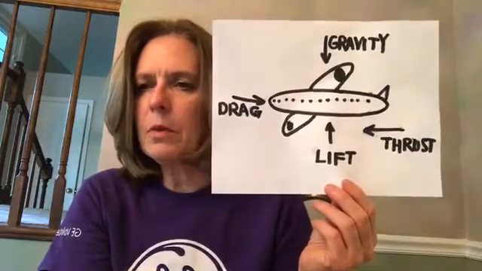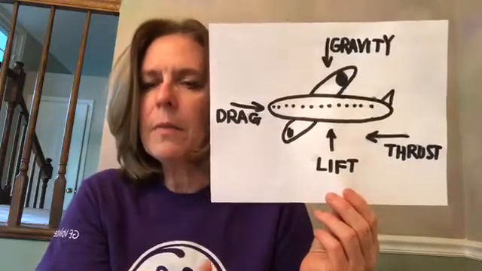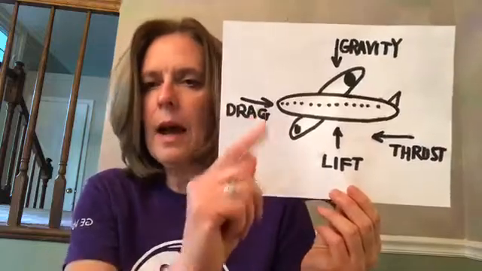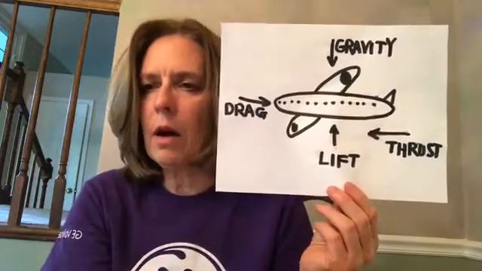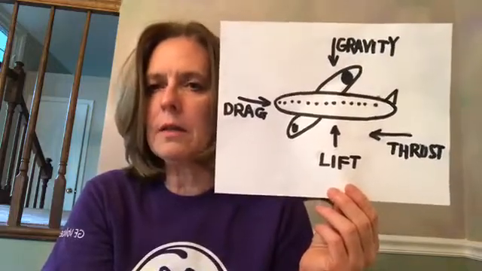And what happens is Bernoulli's principle tells us that because of the way the wing is designed, we have less air pressure on top of the wing than we have under the wing. We have more pressure under the wing, less on top of the wing.